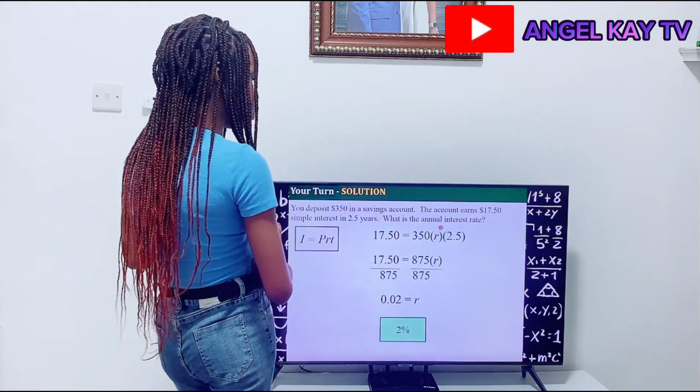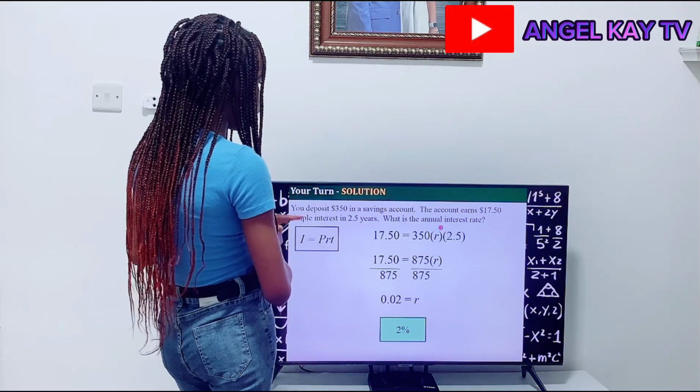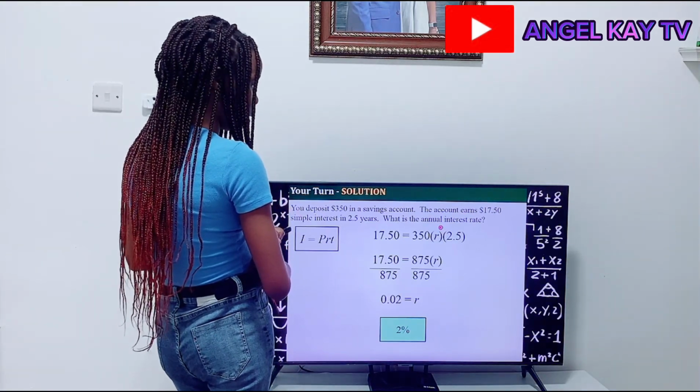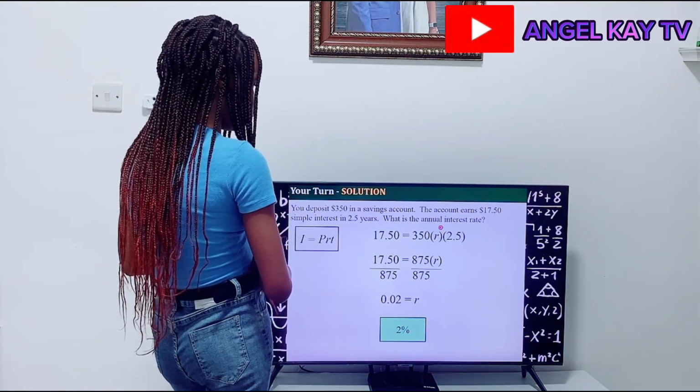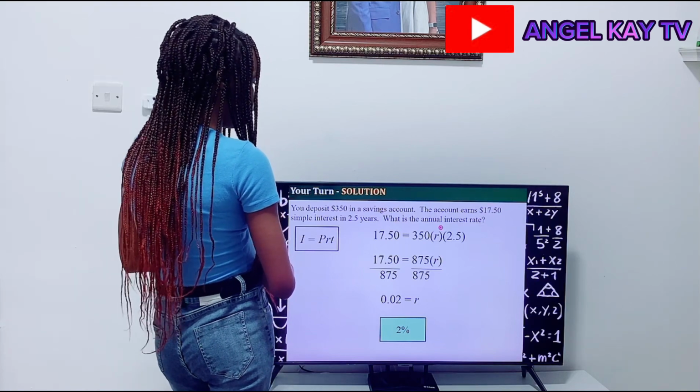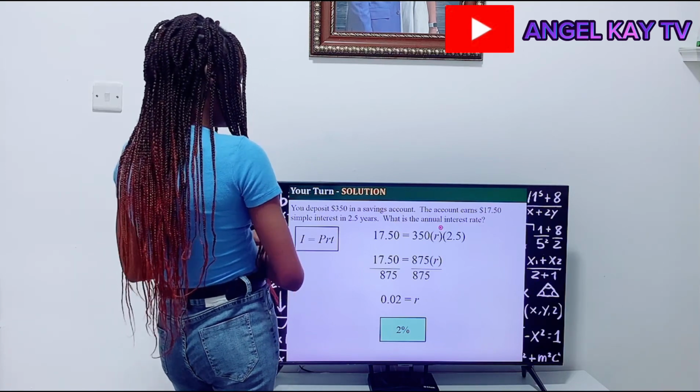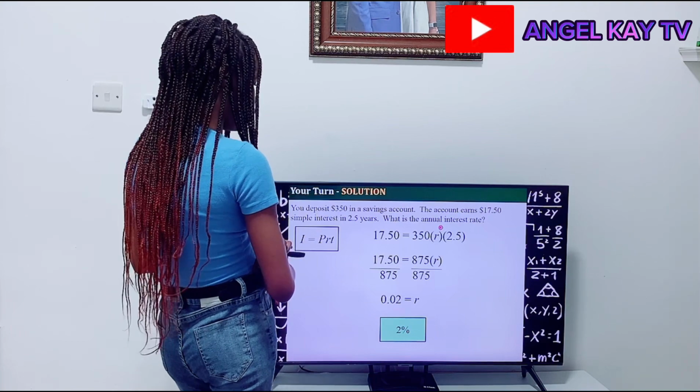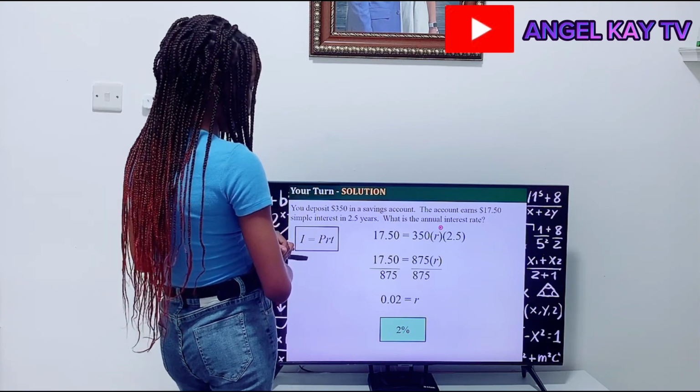So R, we don't know what the rate is, and then times 2.5. So 350 times 2.5 is going to give us the answer of 875.